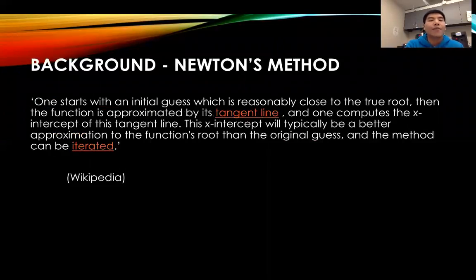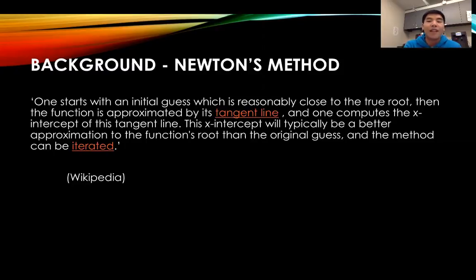The next background information I wanted to provide is Newton's method. What it says is that one starts with an initial guess which is reasonably close to the true root, and then the function is approximated by its tangent line. One computes the x-intercept of this tangent line.